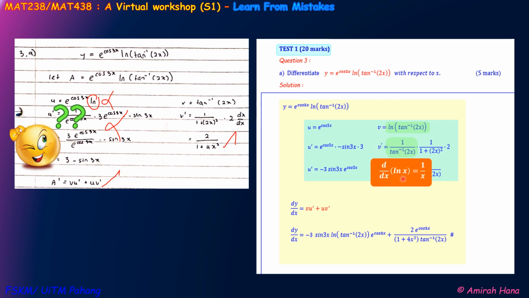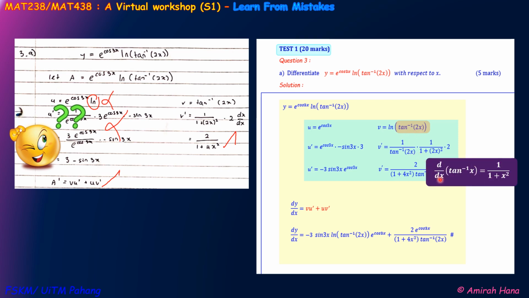Yang ni kalau ln x sama dengan 1 per x kalau kita differentiate. So kalau ln apa-apa, sama dengan 1 per apa-apa after differentiate. Alright? After that, we need to differentiate the function inside ln, which is inverse tangent 2x. So kita kenalah refer formula derivative of inverse tangent x.